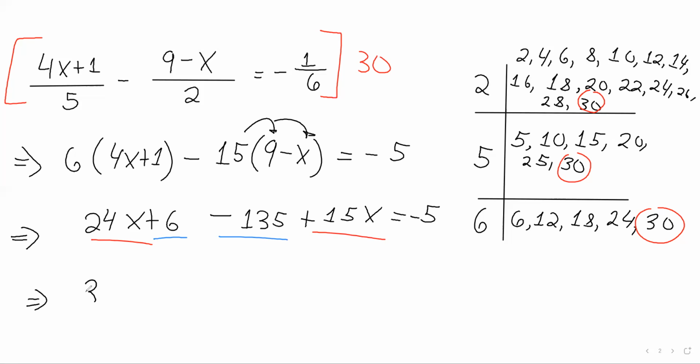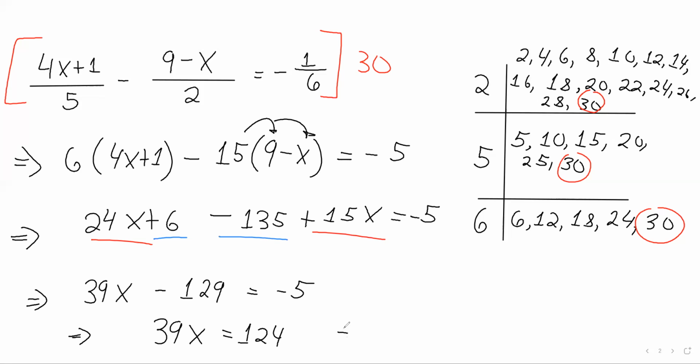This gives 39x minus 129 equals negative 5. Add 129 to both sides, you get 39x equals 124. So x is 124 over 39. I don't think you can simplify that. Yeah, that looks fine.